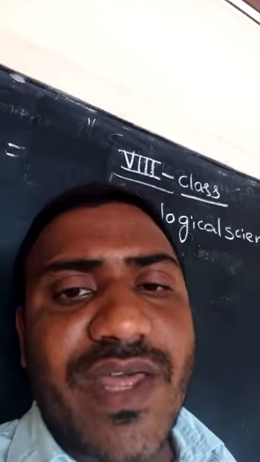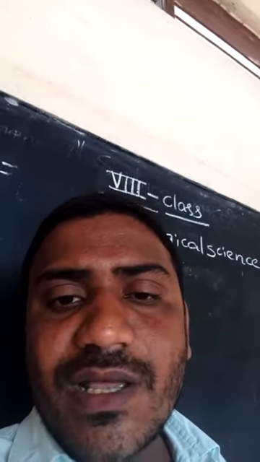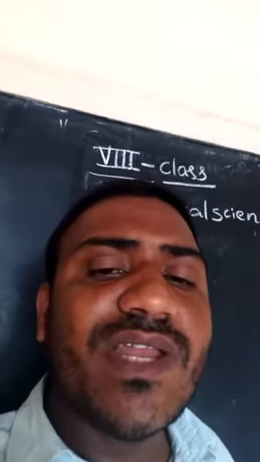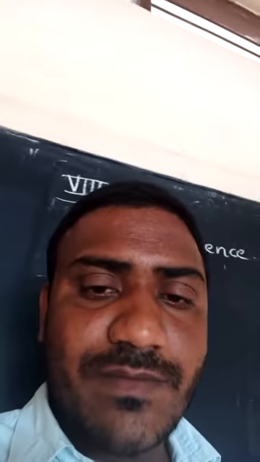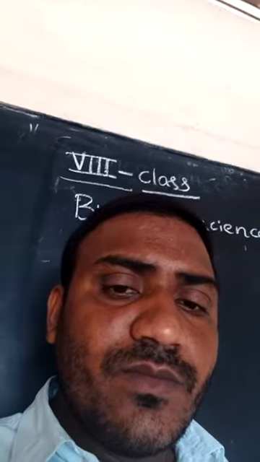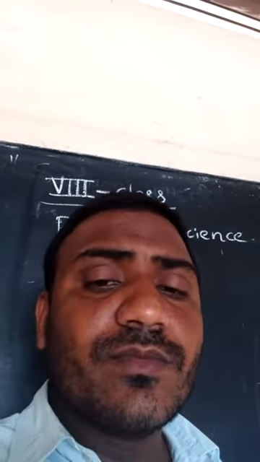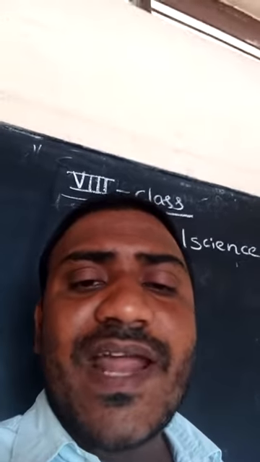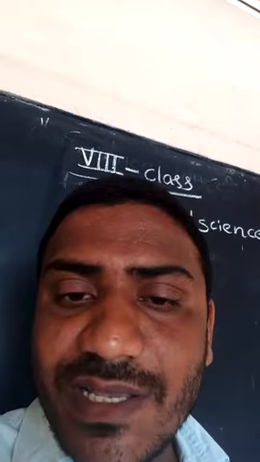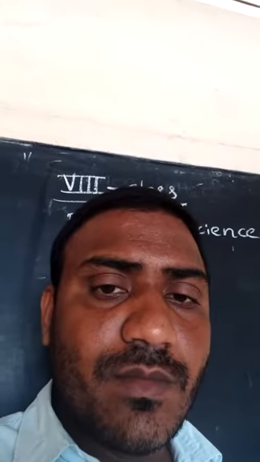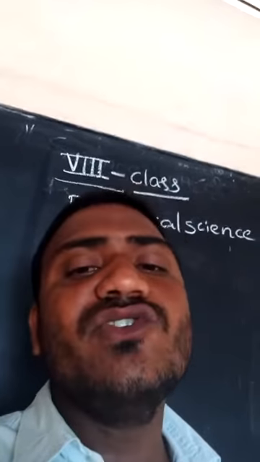When the atmospheric nitrogen is converted into the form of soil nitrogen, then only plants can utilize the nitrogen for their metabolic activities. So, the rhizobium bacteria is one of the nitrogen fixing bacteria. It means the rhizobium bacteria fixes the nitrogen in the soil.